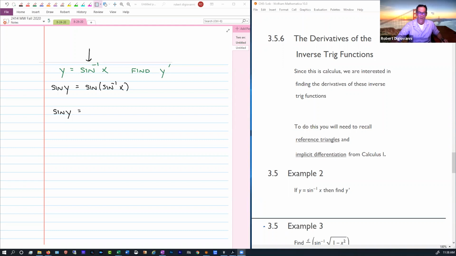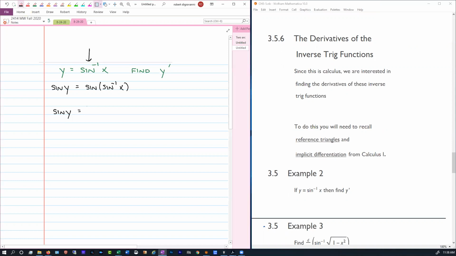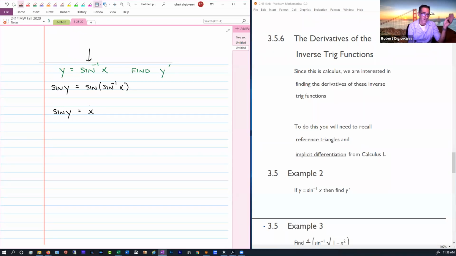Okay. So the left side is just sine of y. The right side is what? So what happens? It's just x, right? Okay, now, at this point, I no longer have an inverse trig function in here. I've got a trig function, I've got sine, but I know the derivative of sine.